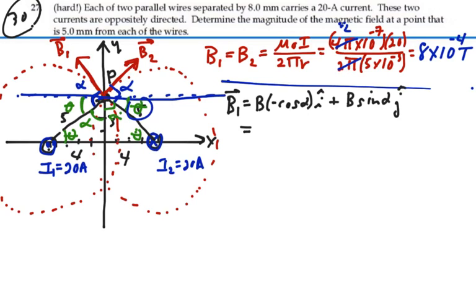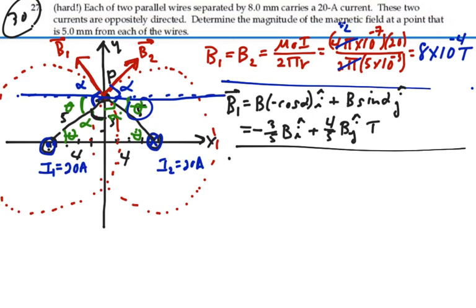And if I look at alpha, which is this angle in this right triangle, the cosine of alpha will be the adjacent side 3 over the hypotenuse 5, so it will be 3/5. So this is going to be equal to negative 3/5 B i, and the sine of alpha would be 4/5, so this would be 4/5 B j Tesla. Alright, so that's B1.